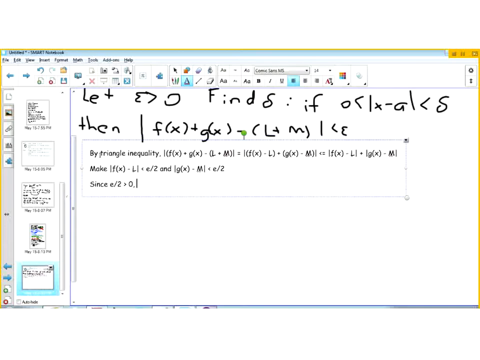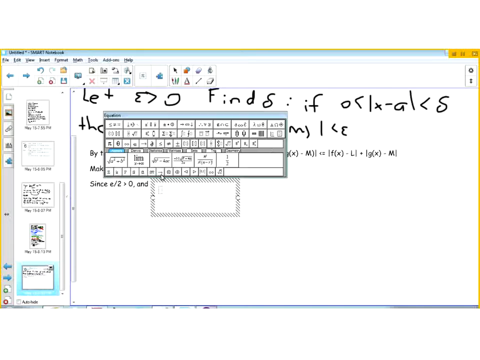So since epsilon over 2 is greater than 0, and we have this, let me plug in the math.